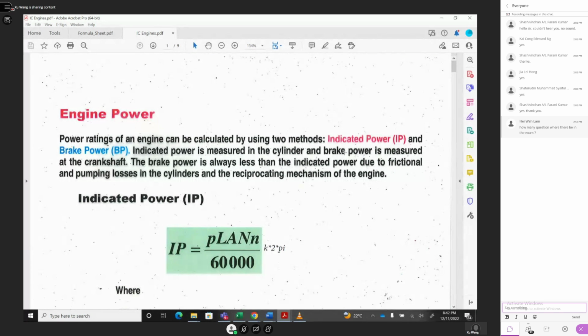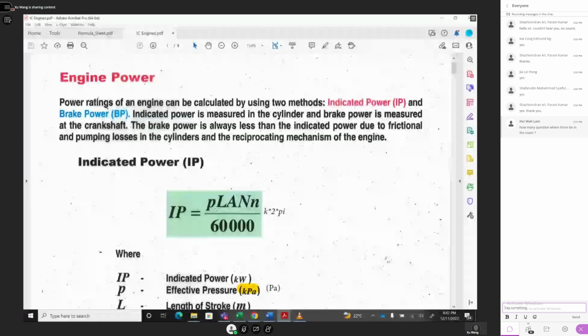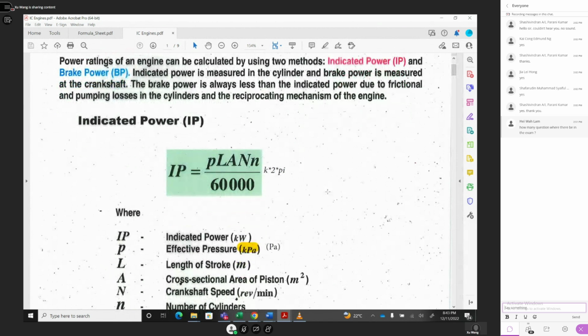So how can we get this formula? Indicated power equals the mean effective pressure of the cylinder pressure, which is calculated from the indicator diagram. Measure with a pressure transducer, get the indicator diagram of the engine, and calculate the mean effective pressure. Multiply by L, the length of stroke, and A, the piston area. N is RPM, the rotation speed, and small n is the number of cylinders.